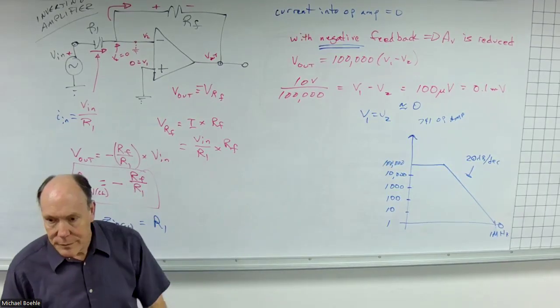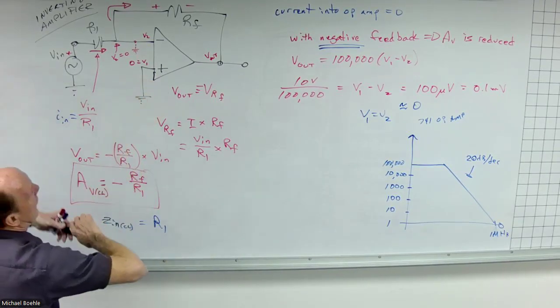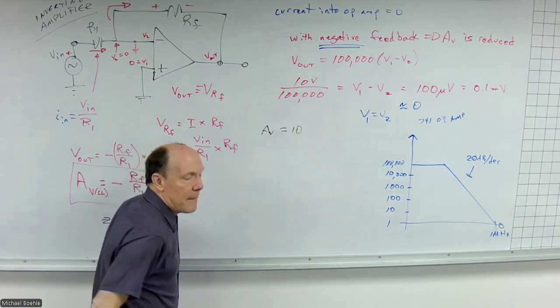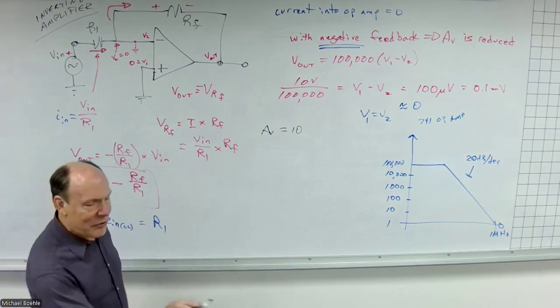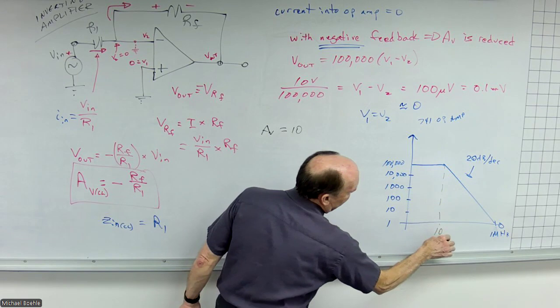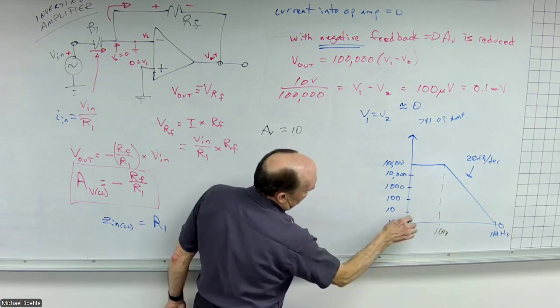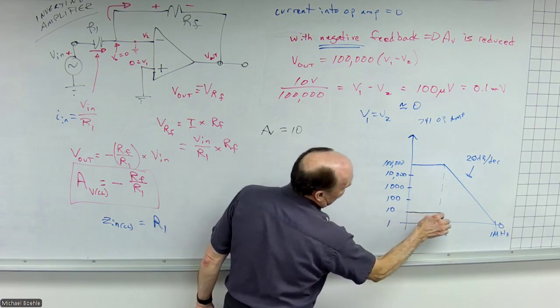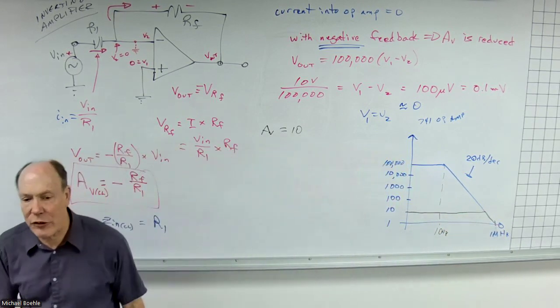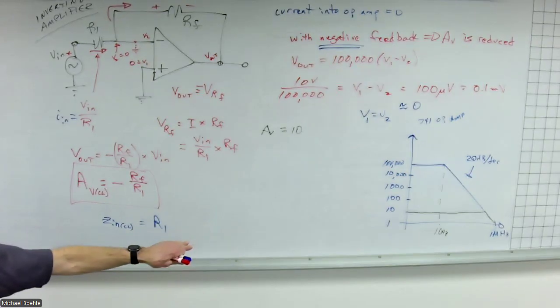Now, if I were to design this circuit to have a voltage gain of, say, about 10, what I'm essentially doing, by the way, this is, of course, at 10 hertz. By making the voltage gain overall of my circuit 10, I'm changing the response of that circuit to this.